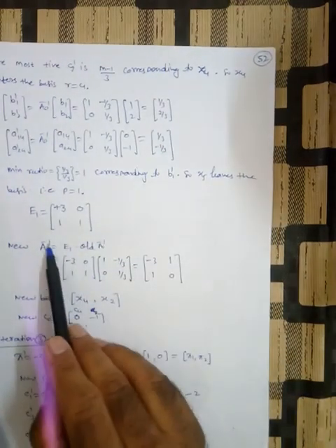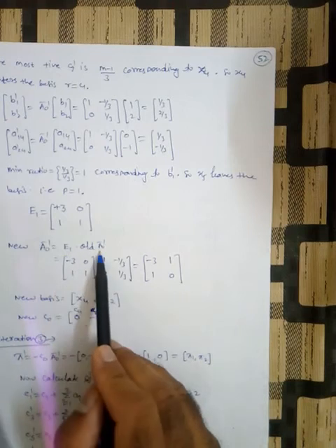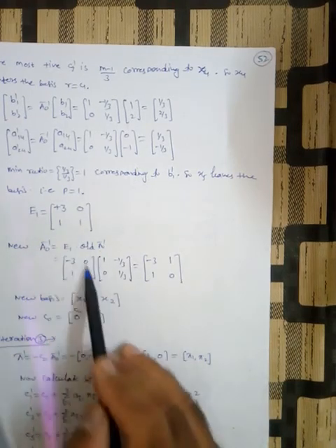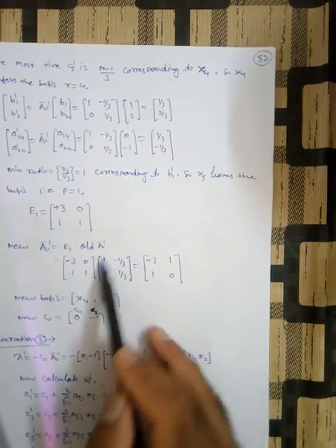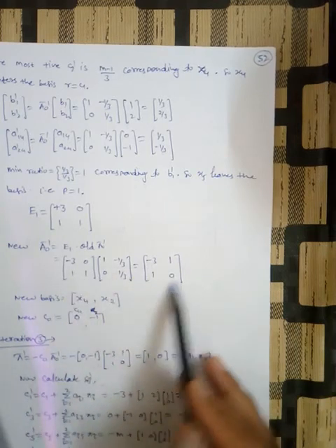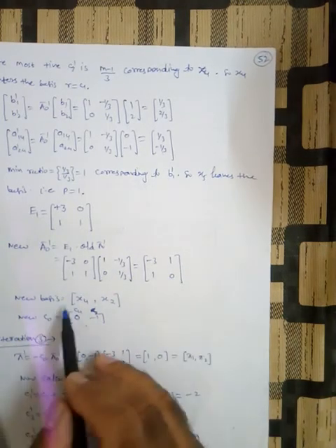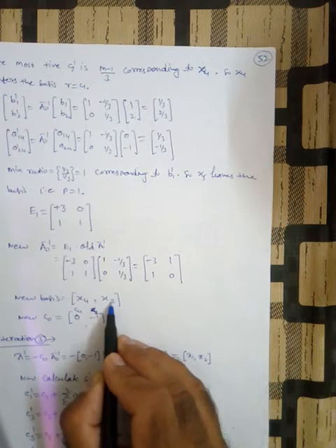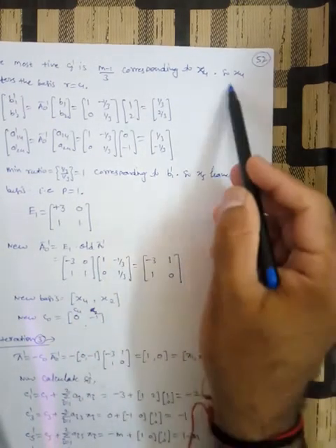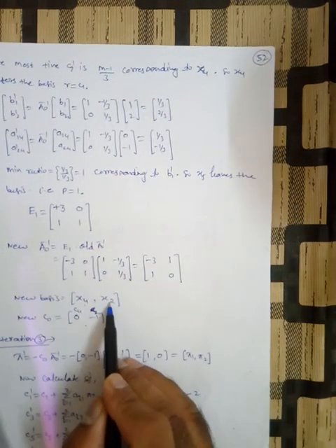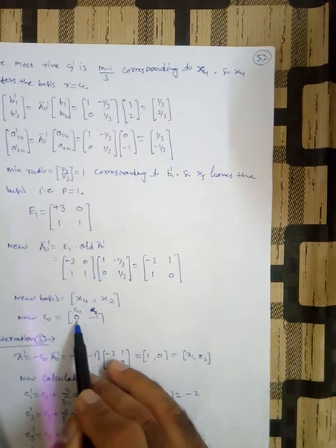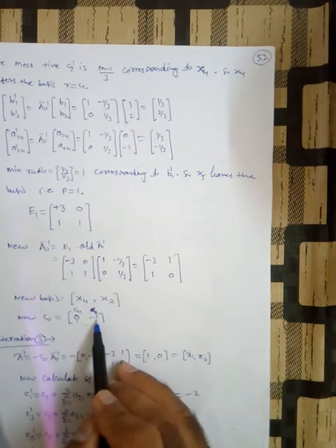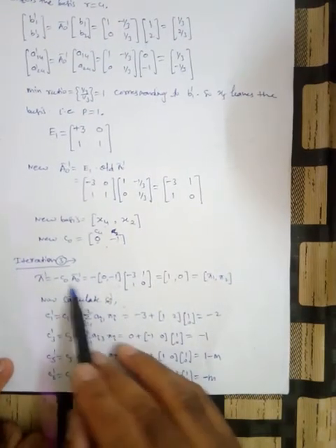Again revise your A naught inverse, which is E1 and old A naught inverse. So E1 is this quantity, multiply by the old A naught inverse, after multiplication we get this matrix. Fine. The new basis now has x4 and x2, because x5 has left and x4 has entered, so x4, x2 and here c4 and c2, 0 and -1. Fine. Then we do the same, the pi multipliers.